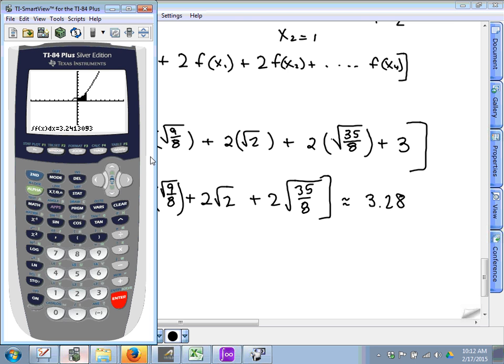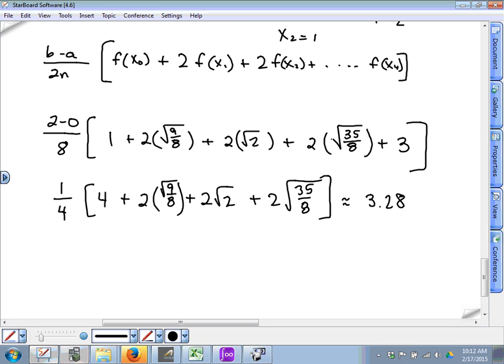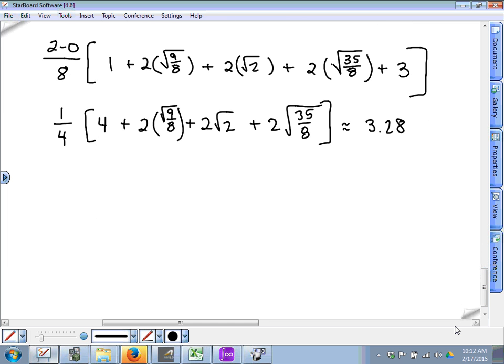Now, for those that have the time and the desire, you can download programs off the internet for your calculator.